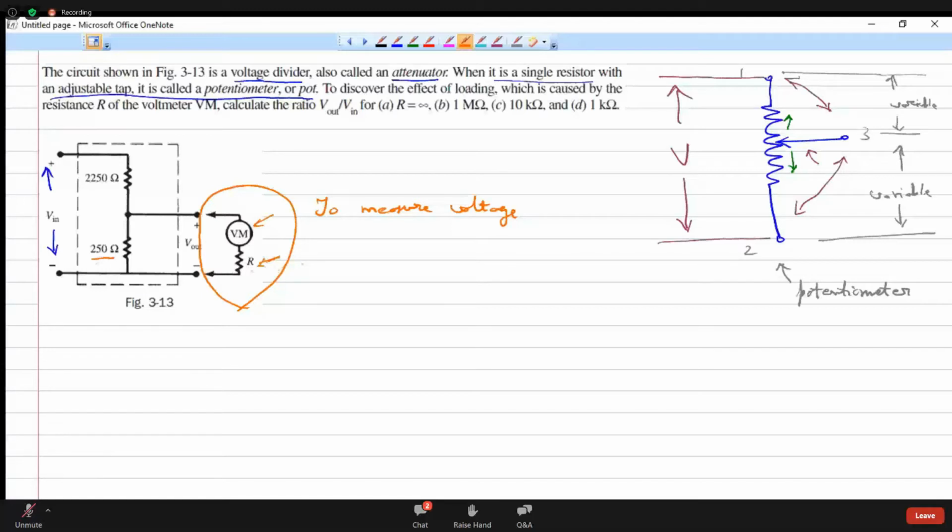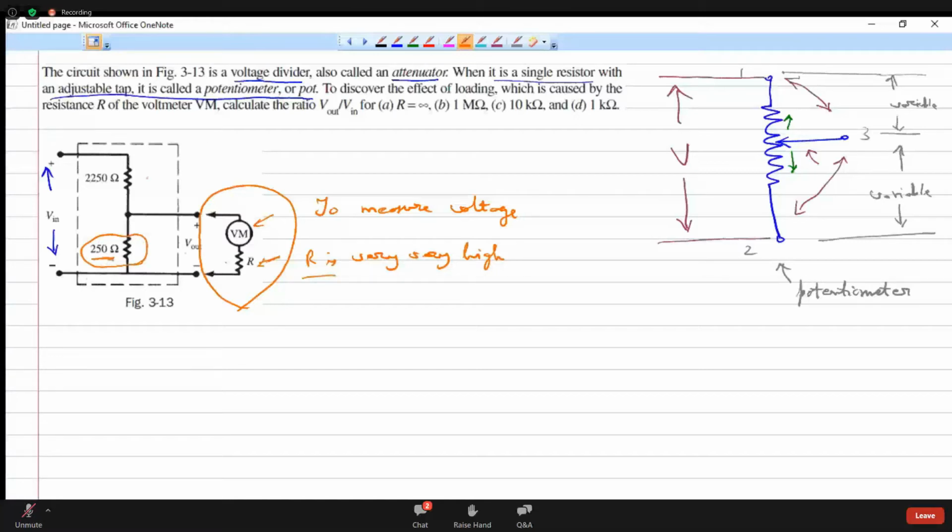So R is very high compared to the resistance of the circuit across which we are going to measure the voltage. R is very high compared to 250 ohm. That is the condition.